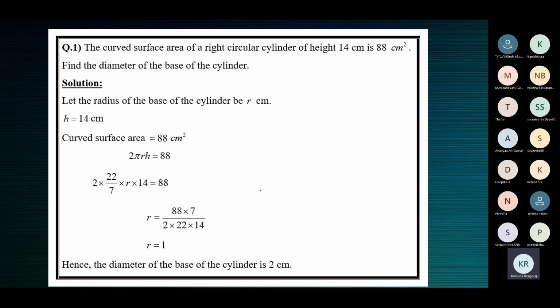Please write down the question, or you can use the reference number: exercise 13.2, question number 1, NCERT. The choice is yours whether to write the question or not. Please write the solution in your notebook.